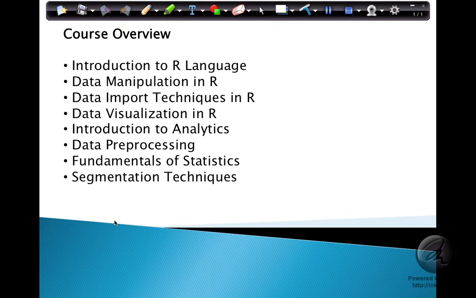Data processing, in this section we intend to cover how you can clean the data, how you should be handling missing pieces of information, how you will be detecting the outliers, how you are going to be transforming variables.